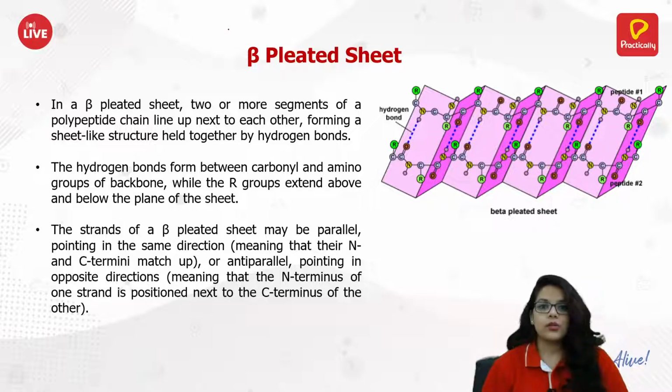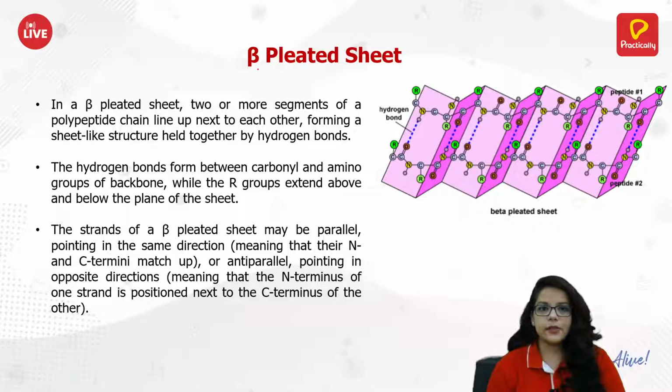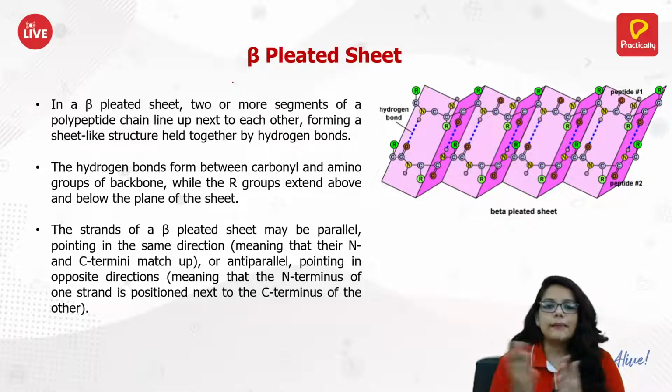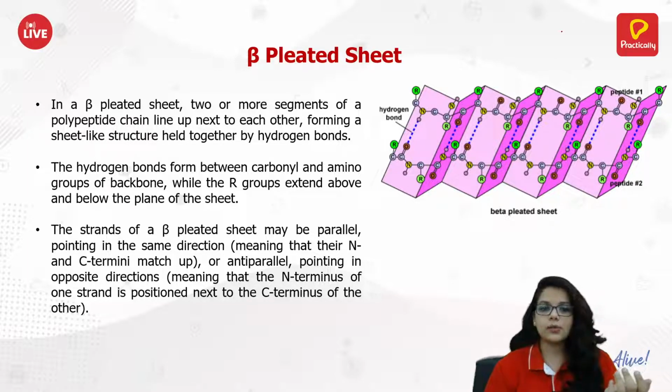So that was alpha helix. Now beta pleated sheet. Just imagine you have proteins on paper, in a paper-like structure. One paper on top of another paper, and this is a protein made up of peptide bonds and amino acids and everything.